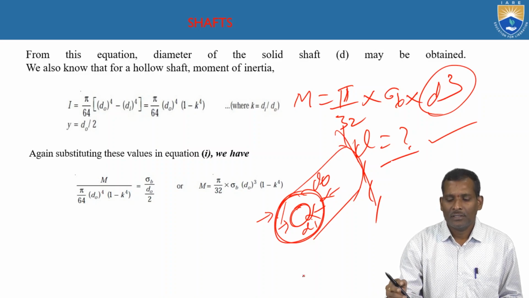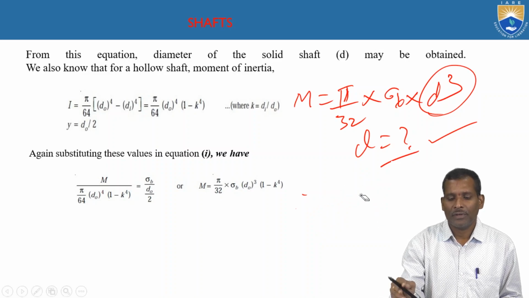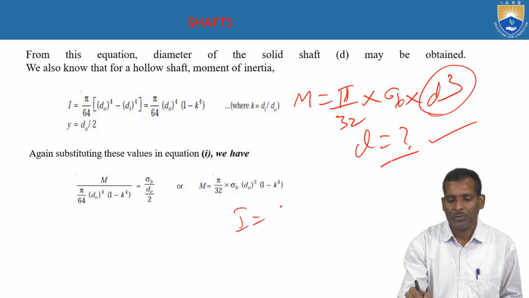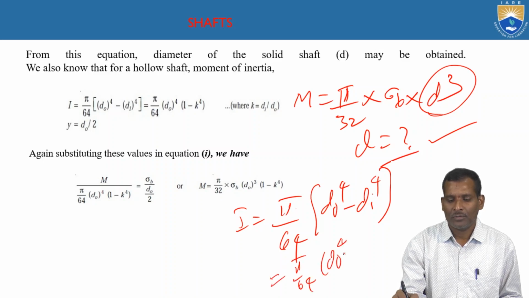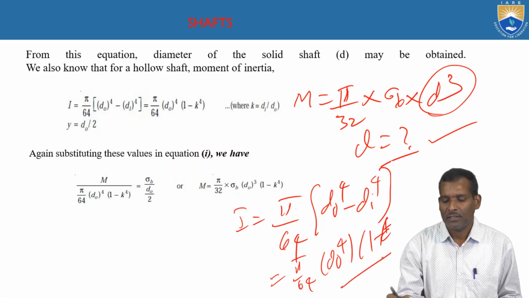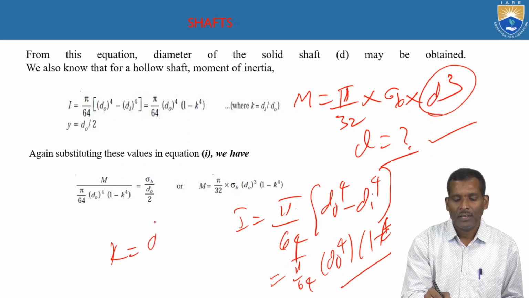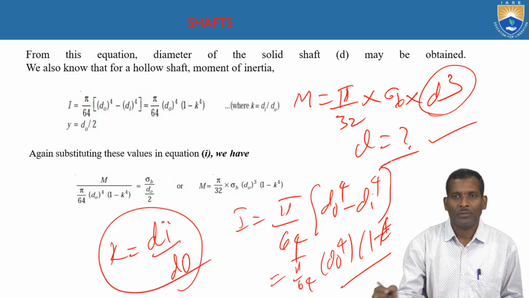In this case, the moment of inertia I is equal to pi by 64 into d naught to the 4 minus d i to the 4. You may write this as pi by 64 d naught to the power of 4 into 1 minus k to the power of 4, where k is the ratio of inner diameter to outer diameter.